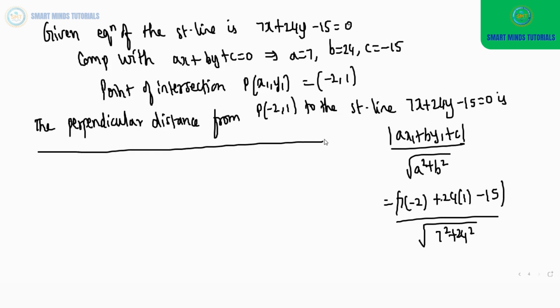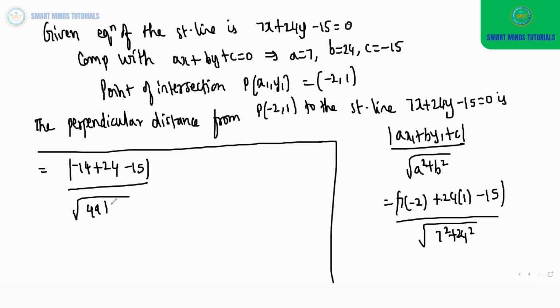So that is equal to (minus 14 plus 24 minus 15) by root (49 plus 576). That is mod of minus 5 by root 625. That is 5 by 25, which is equal to 1 by 5. This is the required answer.